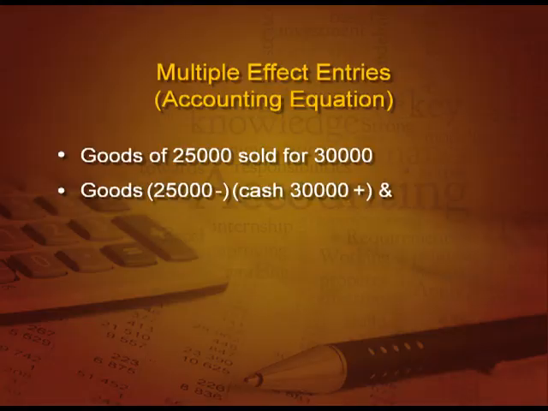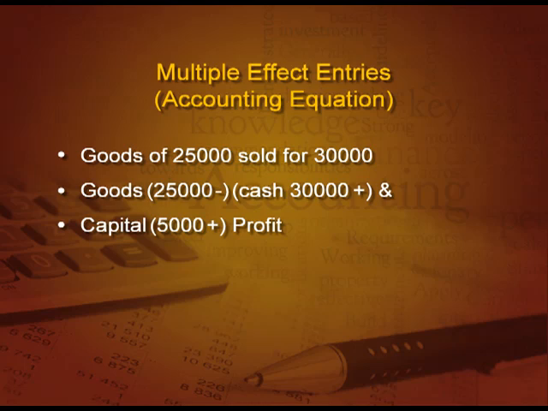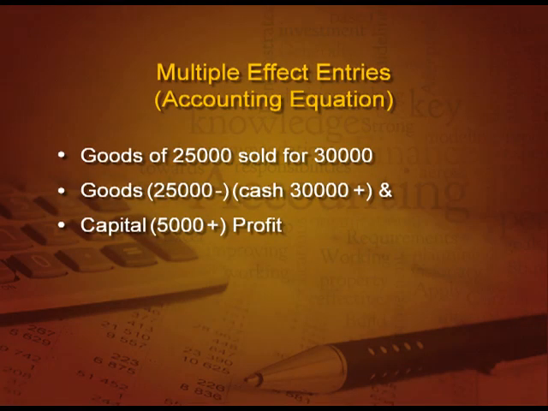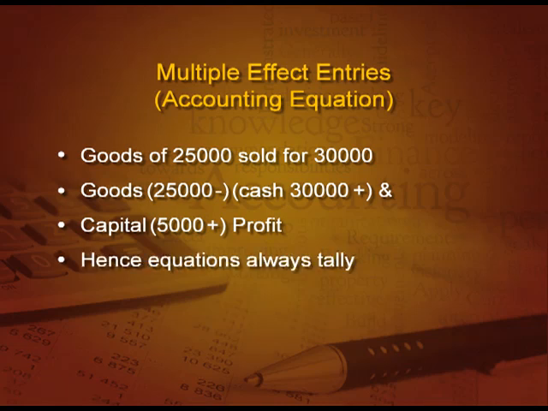So, you see on the asset side 25,000 is minus, 30,000 is plus. So, the net effect is 5,000 plus and on the other side capital has also increased by 5,000. So, again the equation is tallying. You see all the entries tally this equation, that is why this is called the balance sheet equation, the accounting equation.